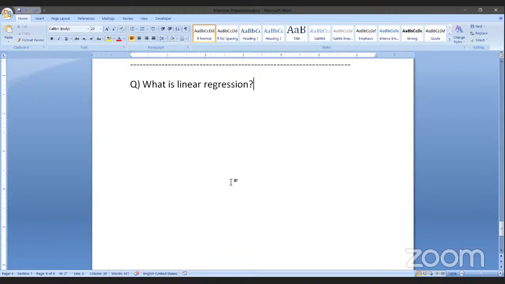Yeah, so I'm coming to that assumptions part. So what are the assumptions we make for linear regression?